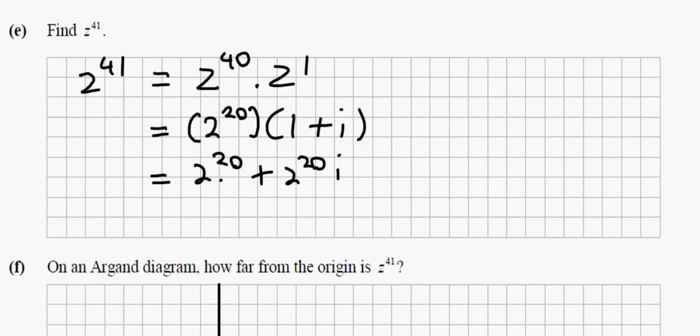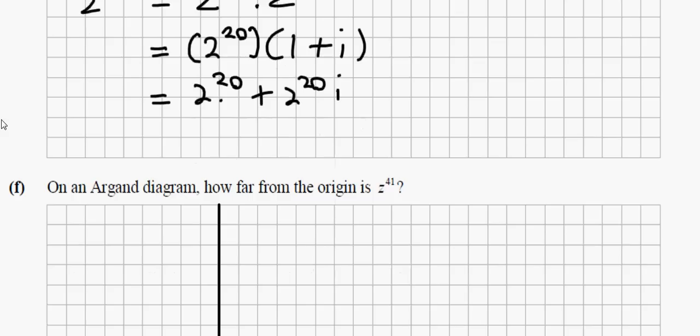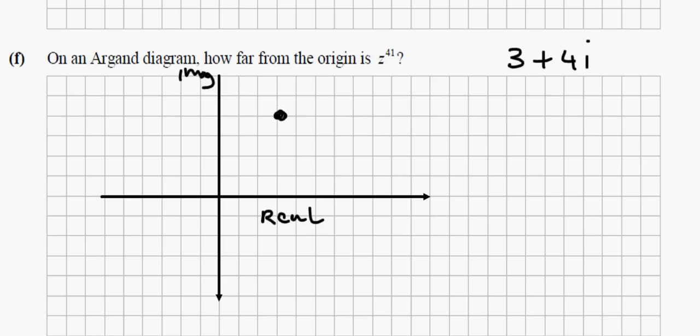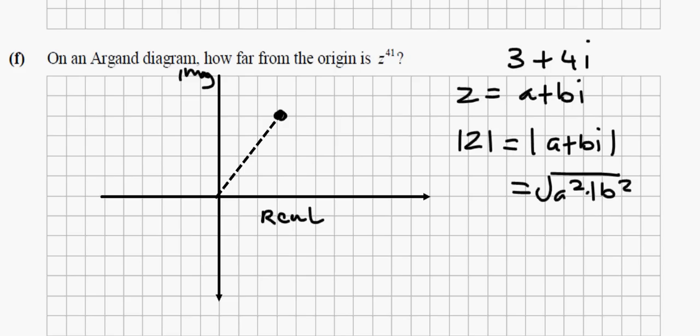Now, to draw this on an Argand diagram, what we first have to realize is what would we do if the question was really easy. If we had 3 plus 4i, for instance, and we were to plot this down on a graph as shown, 3 across, 4 up. The rule for the length of a complex number is that if z is a plus bi, then the length of z is square root of a squared plus b squared.